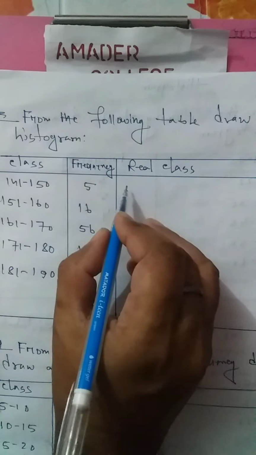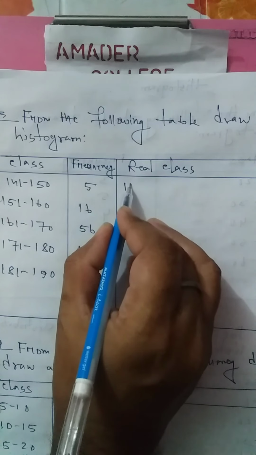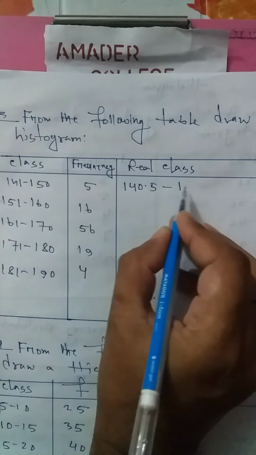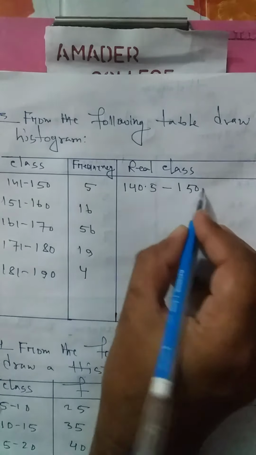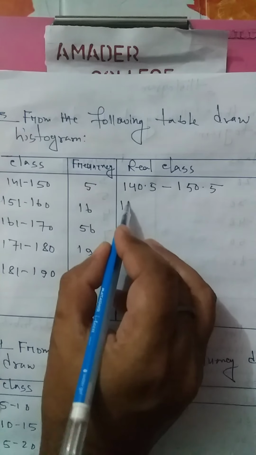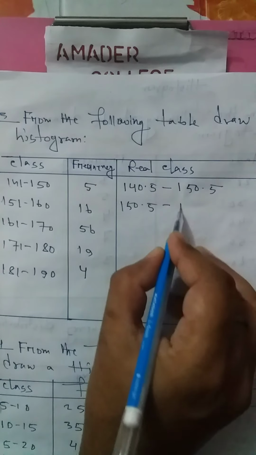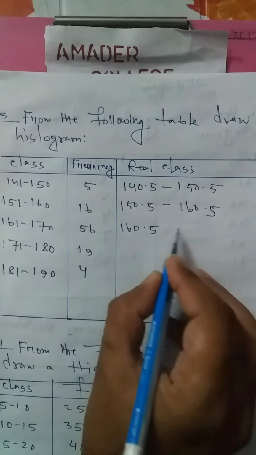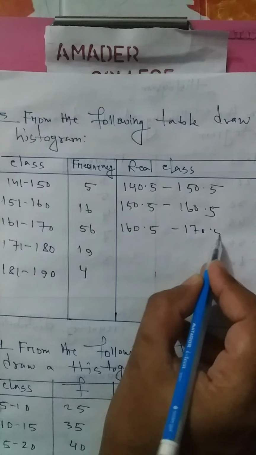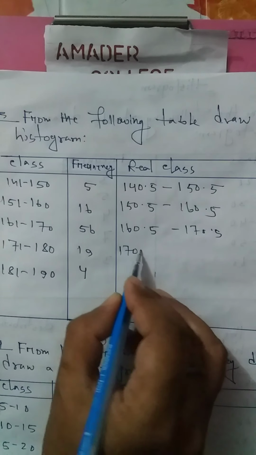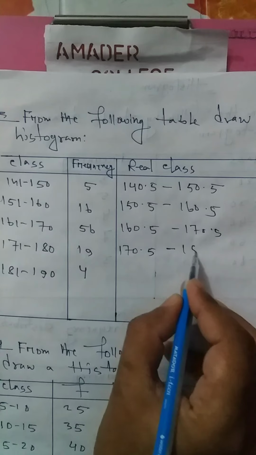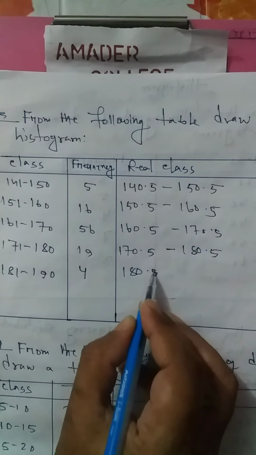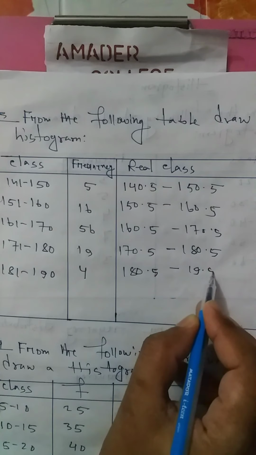That is 140.5, 150.5, 150.5, 160.5, then 160.5, 170.5, 170.5, 180.5, 180.5, 190.5.